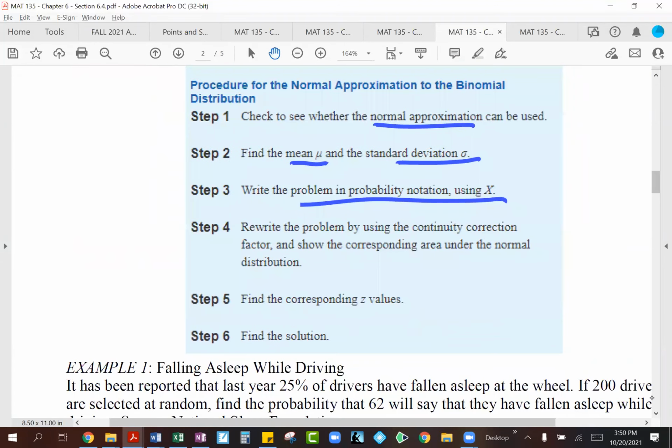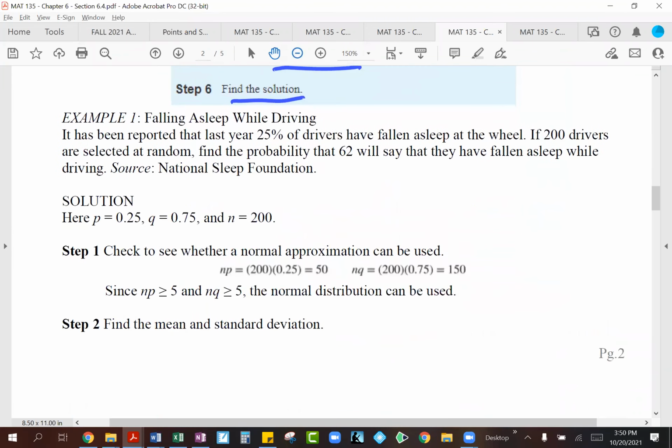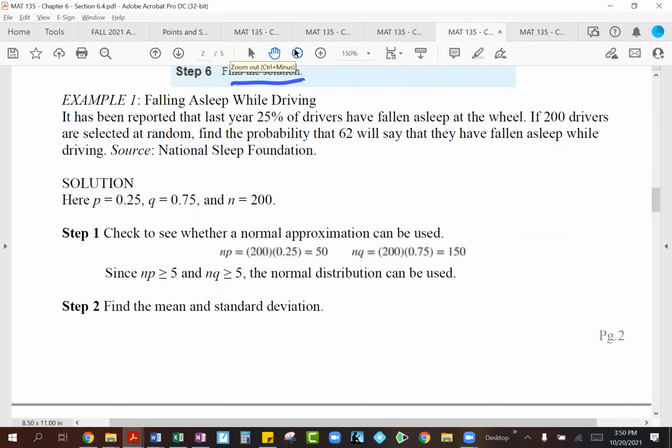Rewrite the problem using that continuity correction, draw a normal curve like we normally do, and then we can start finding our z-scores and our solution. That's how this continuity correction thing works.